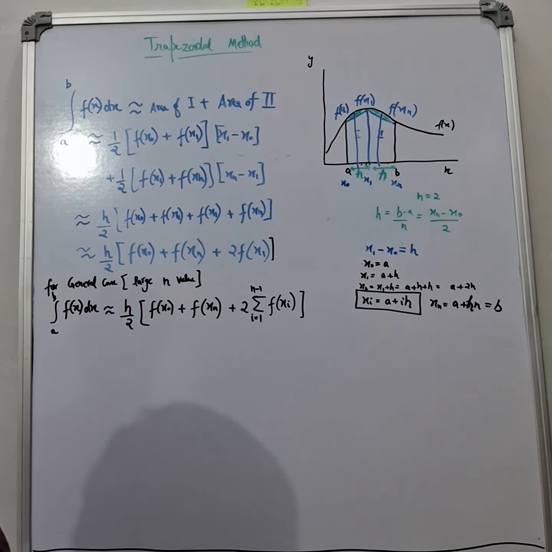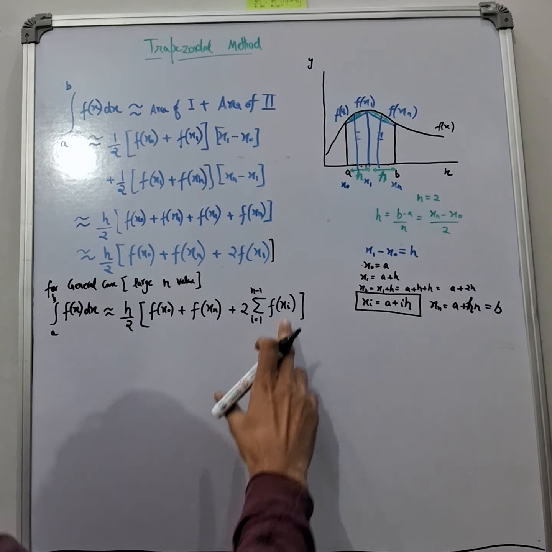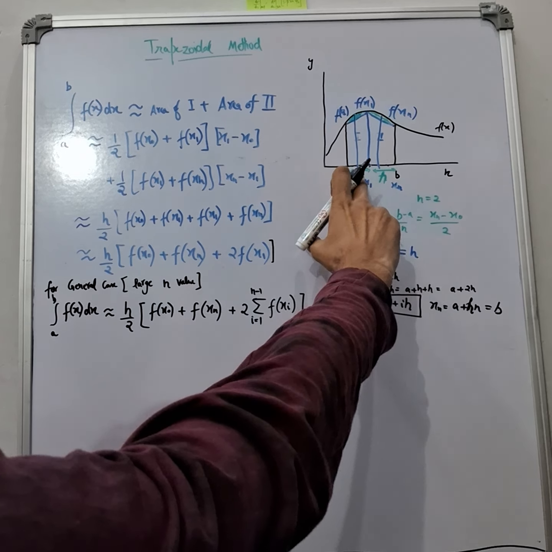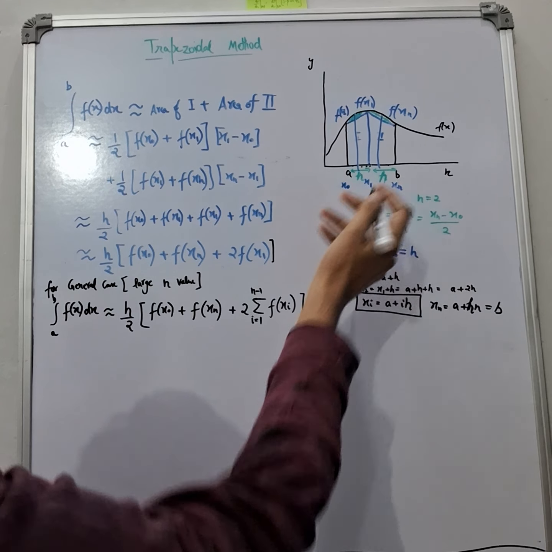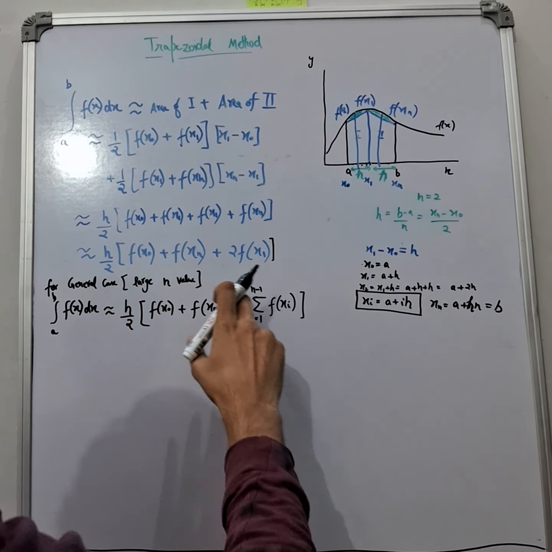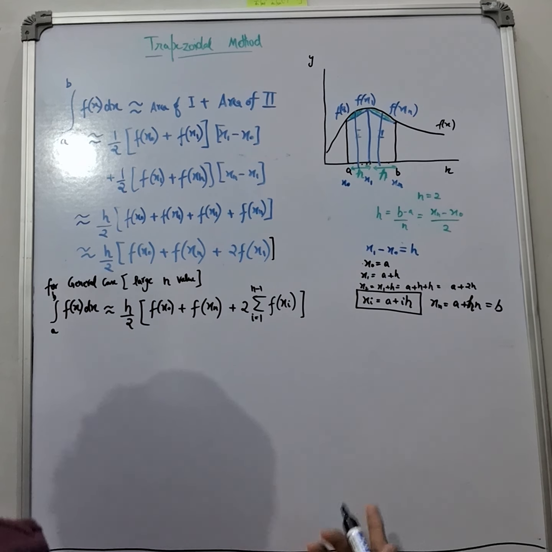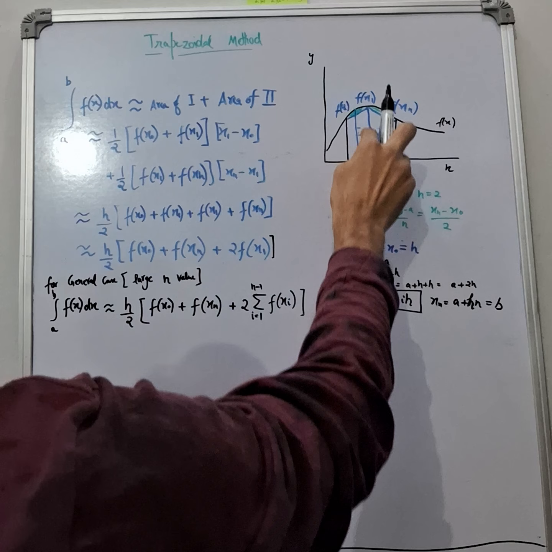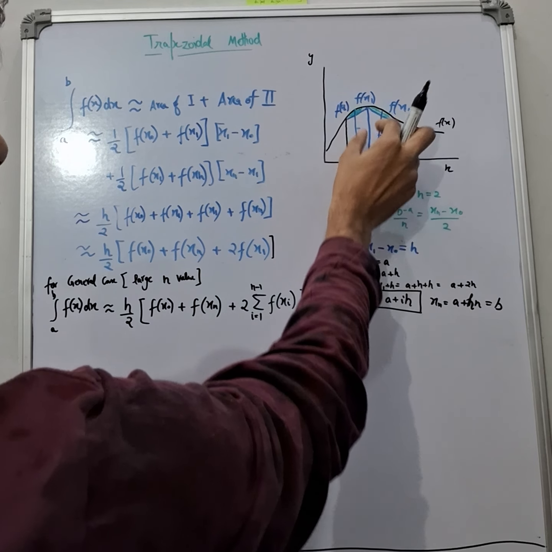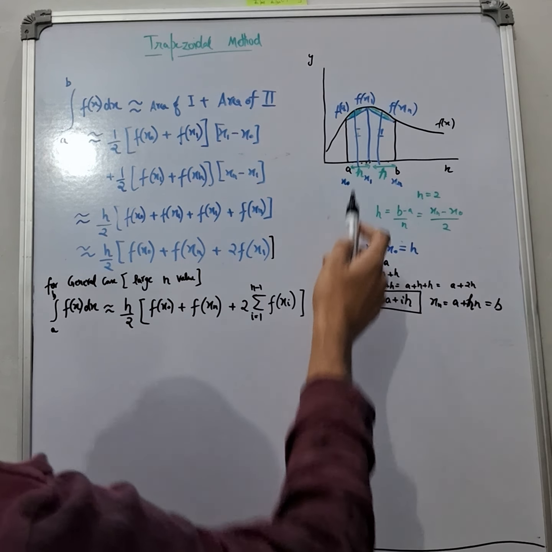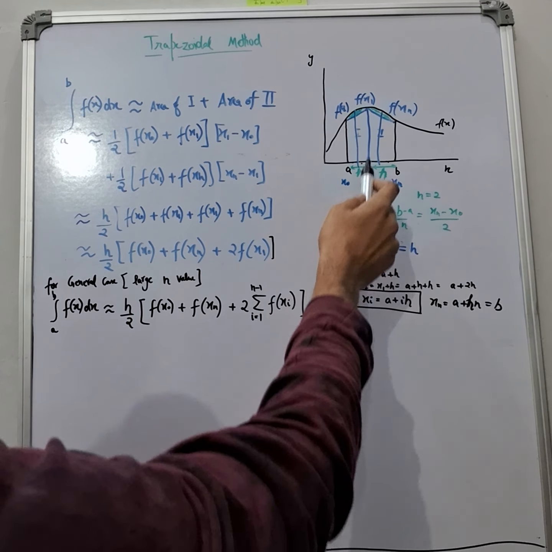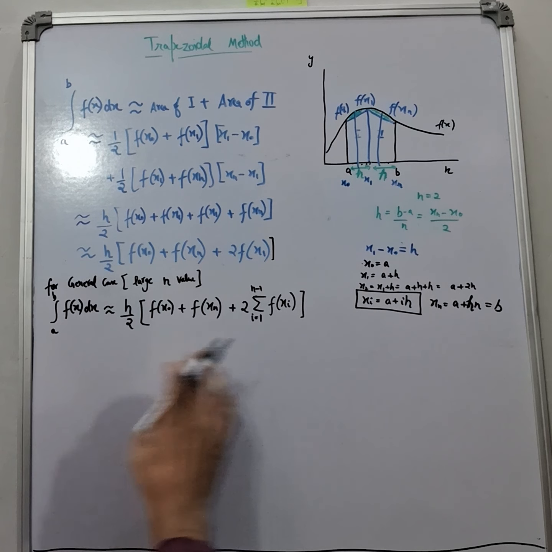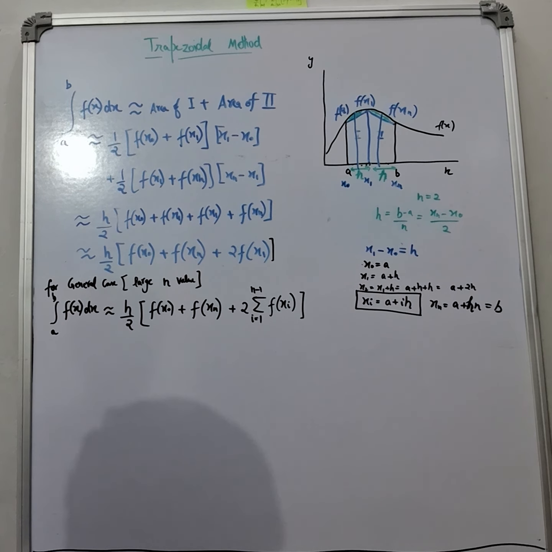Yes, everything is fine. f(xi) is giving the general value of any point lying in this range from i equal to 1 to n minus 1, not n, because for two trapezoids only one line is coinciding, for three trapezoids two lines will be coinciding, and for those coinciding lines this f(xi) accounts for them, that's why n minus 1. You can see it for yourself. So basically this is our approximation.